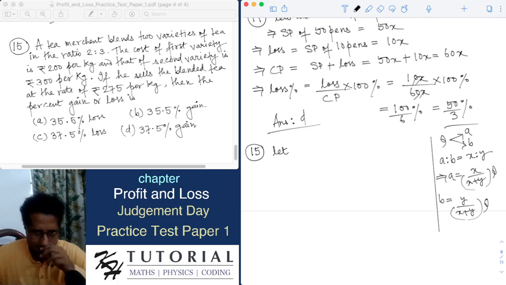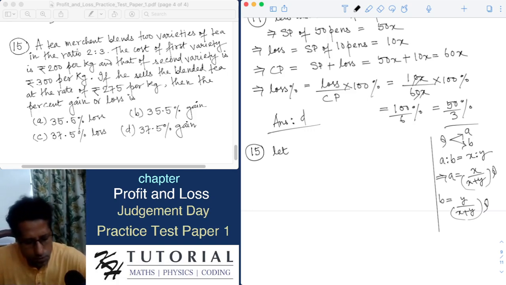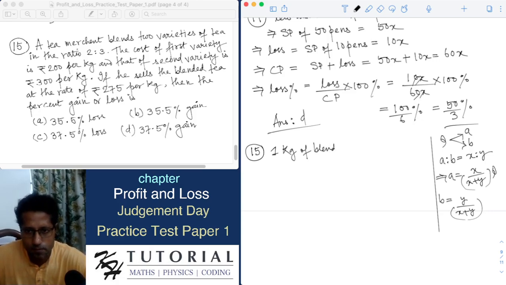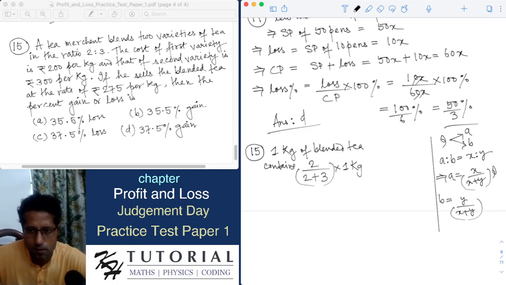So now we can say that since the ratio of the two varieties of tea in the blended tea is given to be 2:3, 1 kg of blended tea contains 2 by 2 plus 3 into 1 kg of first variety tea.